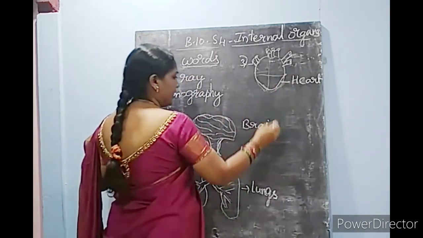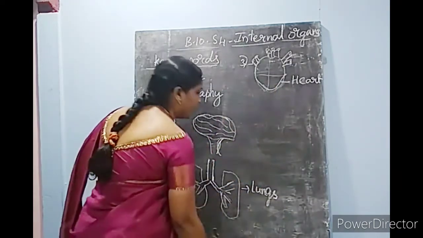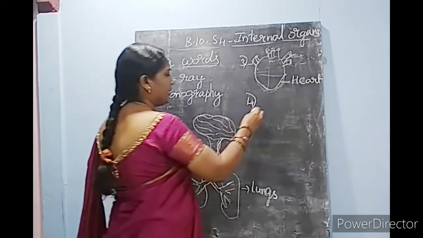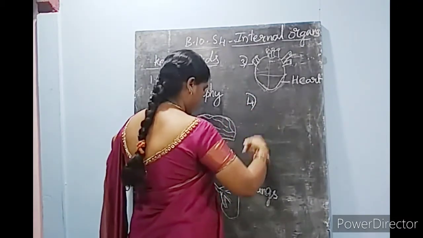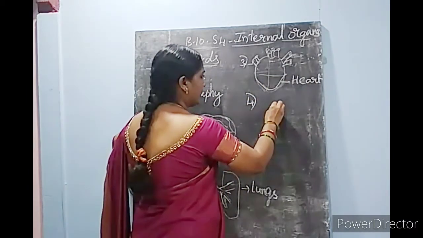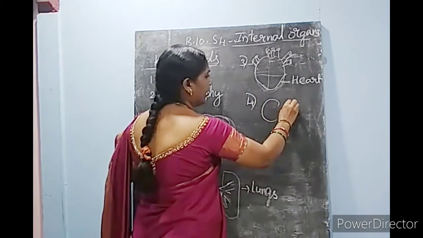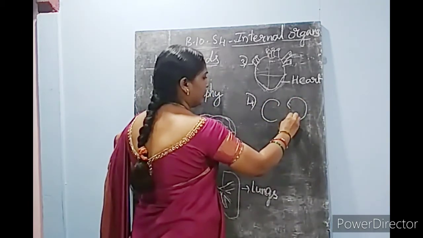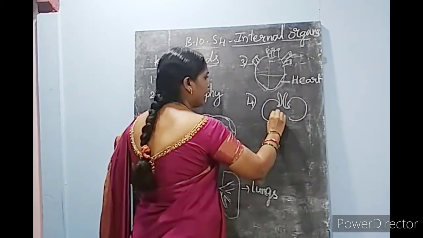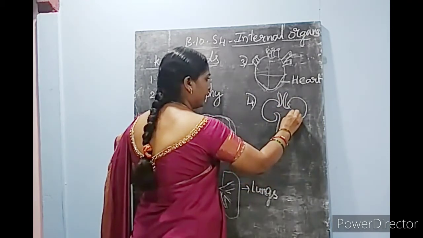And the next one is, you try to identify the next internal organ, what it is. Your brain, lungs, heart, and the other internal organs are, why I am saying it as plural, internal organs are, I said.